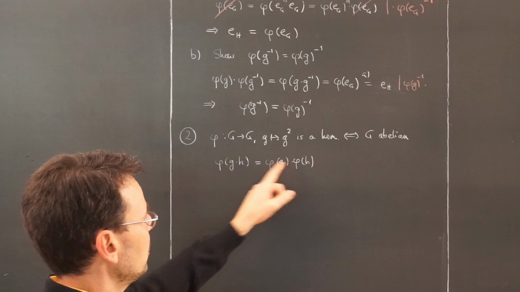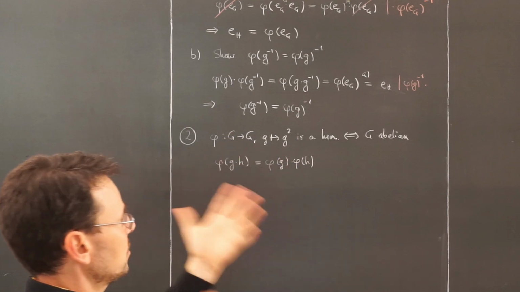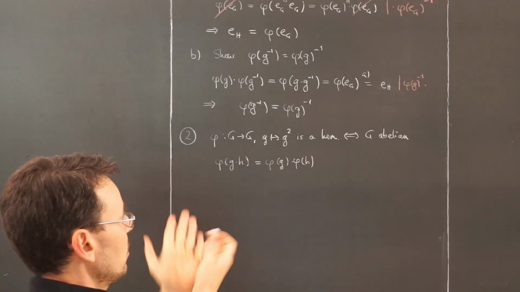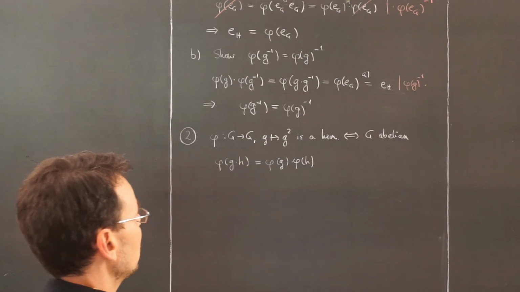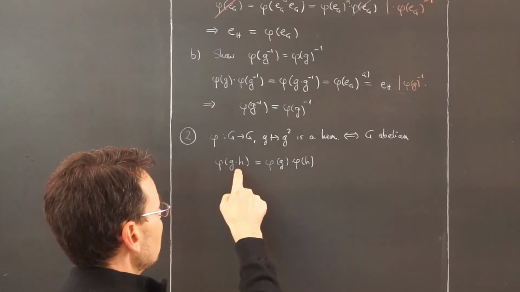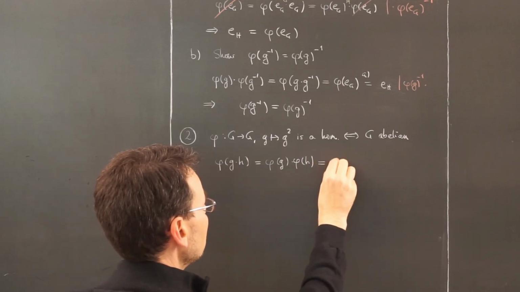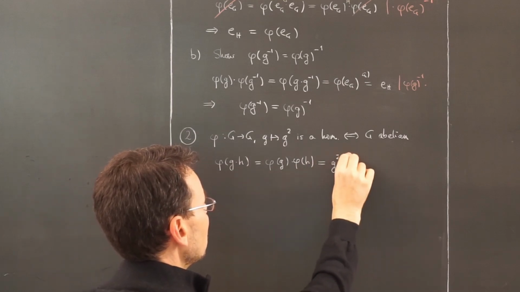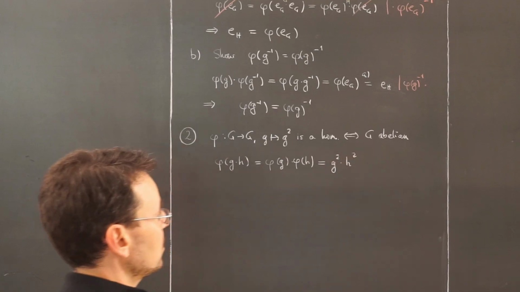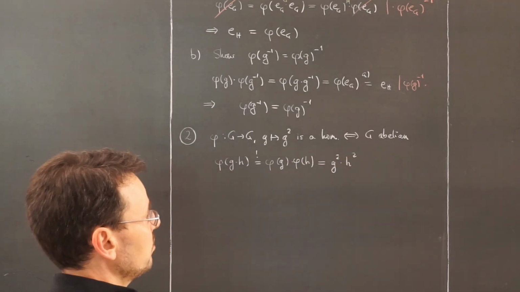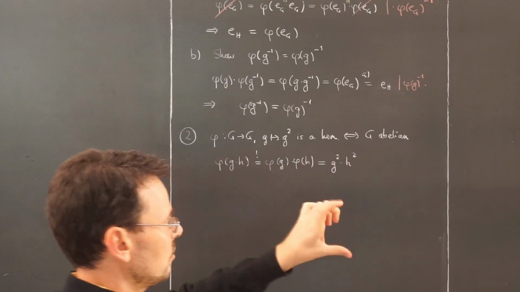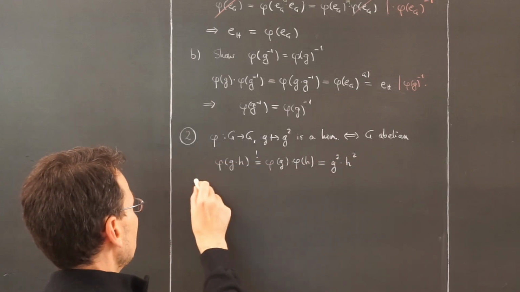Now here there's no need to distinguish these dots because we are in G. Phi is a map from G to itself. So to be a homomorphism we need that, and this here is G squared times H squared.